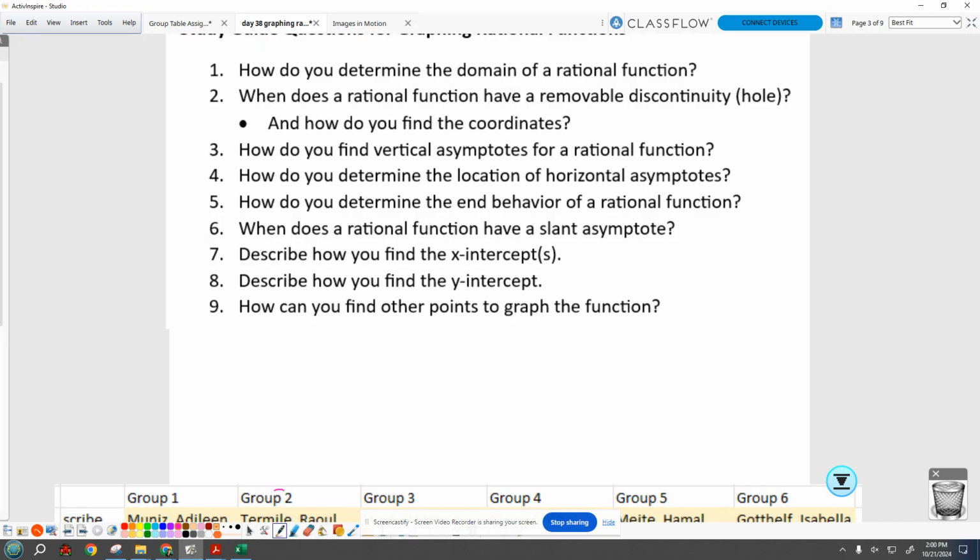Kamal says vertical asymptotes, the x value of the numerator and denominator. What do you mean by that? How do we find vertical asymptotes? So, Ray or Anastia, how do we find vertical asymptotes?